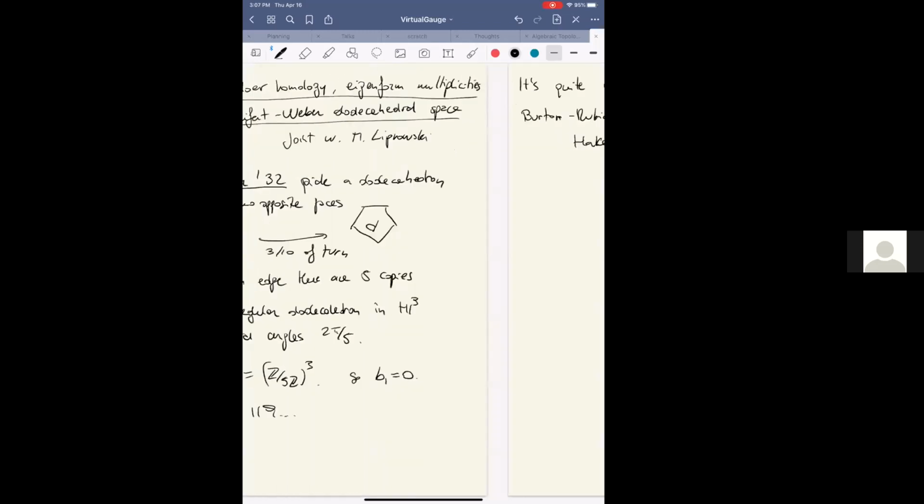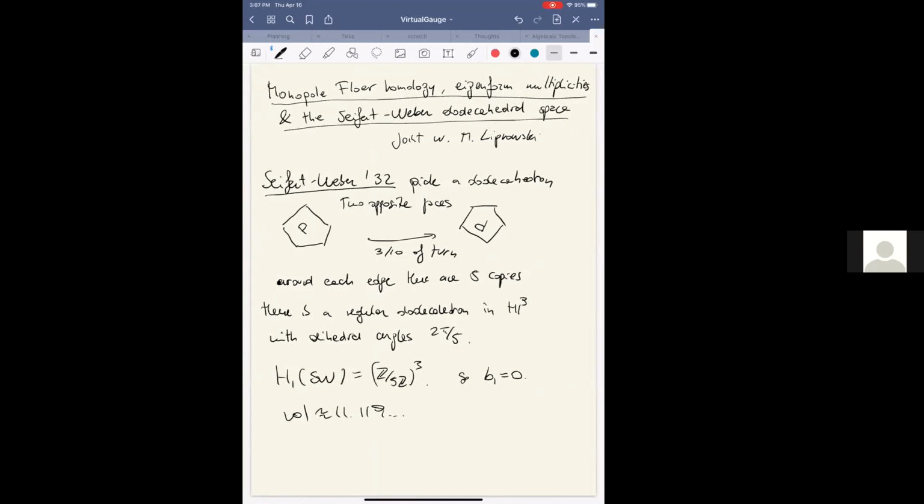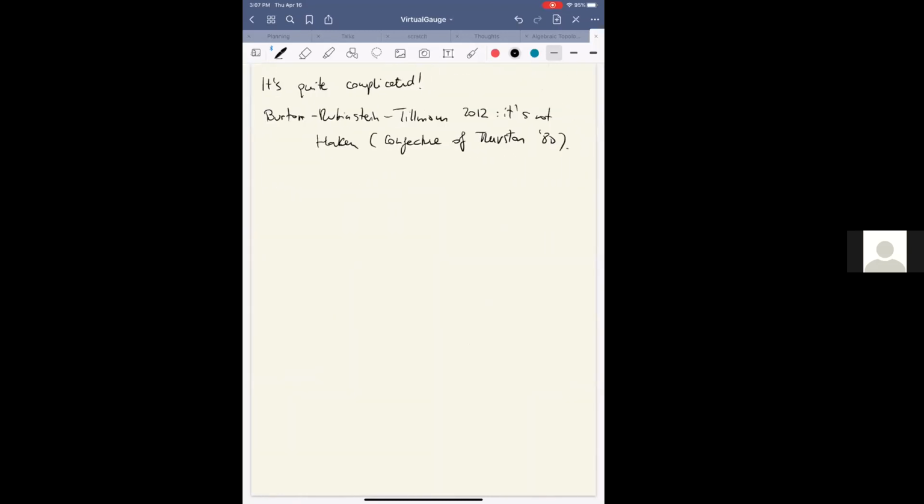So the theorem that I want to tell today: now we have a three-manifold which is a rational homology sphere, and we're in a Floer homology seminar. So the question is, what is its Floer homology, or is it an L-space? In fact, I want to tell you this theorem.